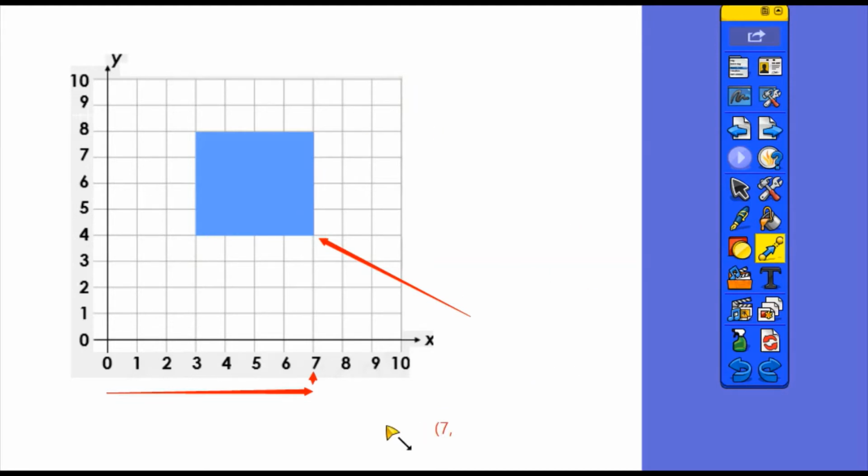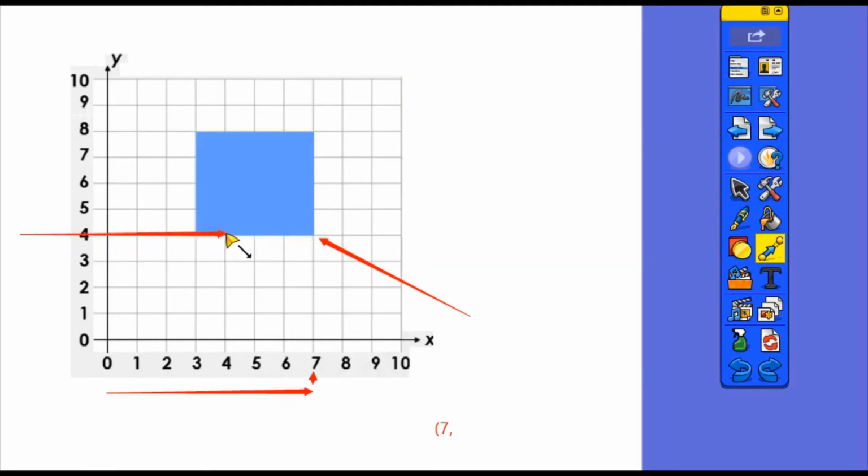Okay, so once we've done the x coordinate, we then need to see the y coordinate, which is going up, and we see how far up it goes. So again, when I'm looking at my coordinate, I can see that it goes as high as the 4 in the y-axis. If we continue to go, we can see it's on that same line.